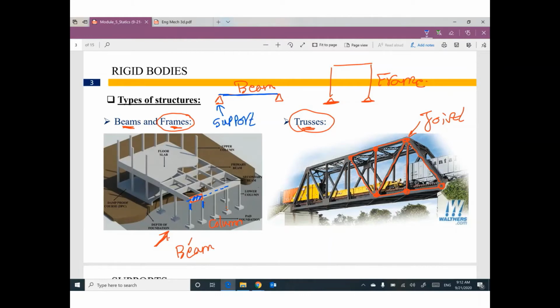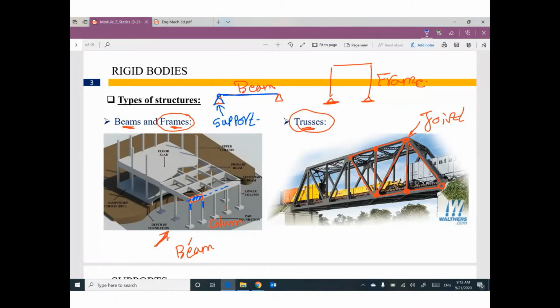What do you mean by support? Does the column look like a triangle? No, the triangle is a representation. This representation can represent something that is supporting the beam at this location.